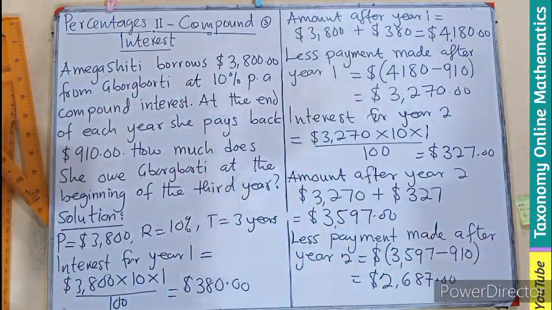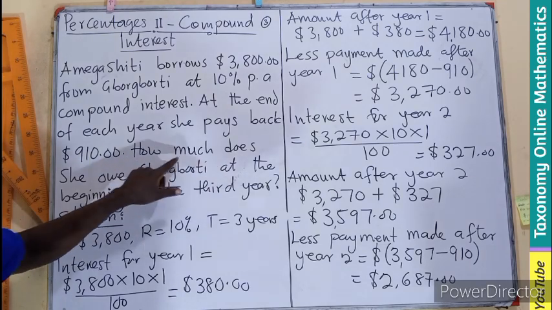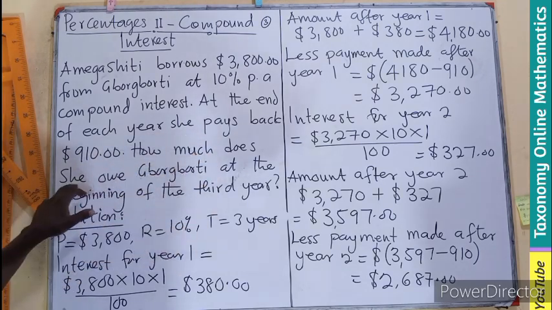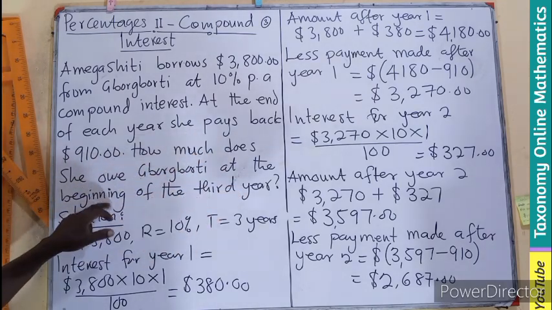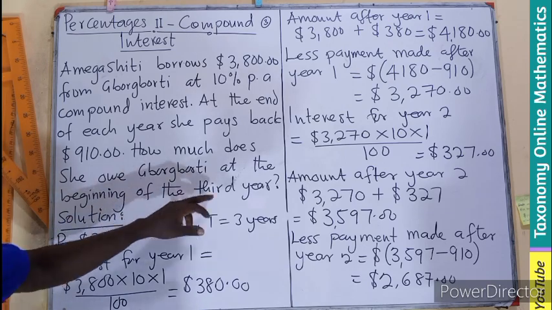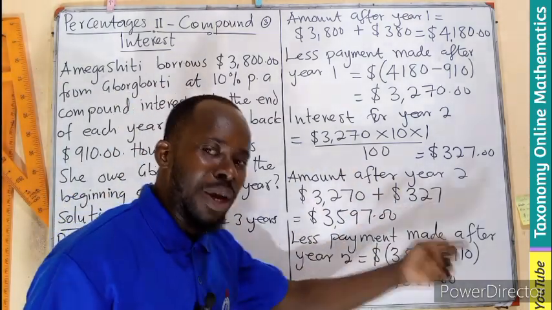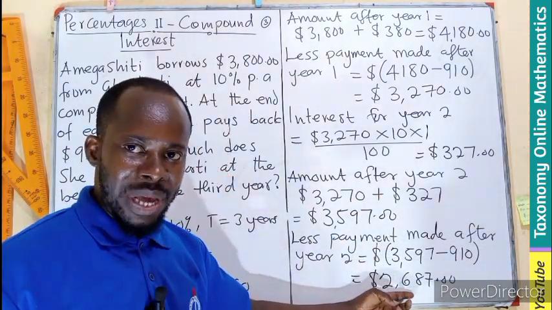But the question says that we are to find how much she owes Gborgborti at the beginning of the third year. So at the beginning of the third year, this is what we are going to have.